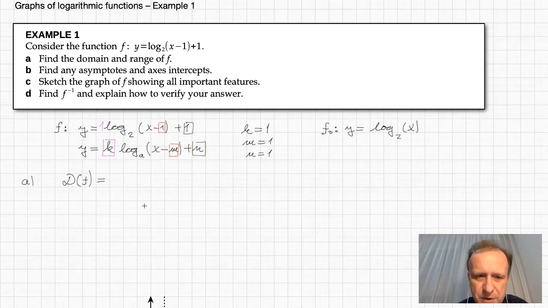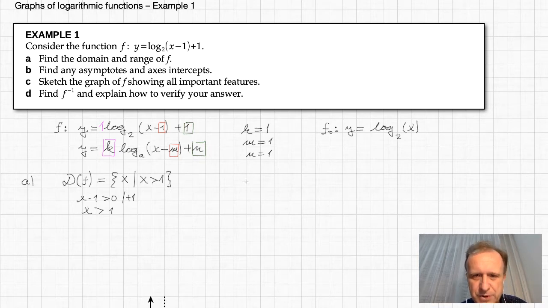So we already know that x minus 1 has to be positive because we can calculate logarithm only from positive numbers, and it has the consequence that if you now add 1 to both sides, you get x is greater than 1. So the domain of the function consists of all real values x such that x is greater than 1. Okay, so this is the domain.